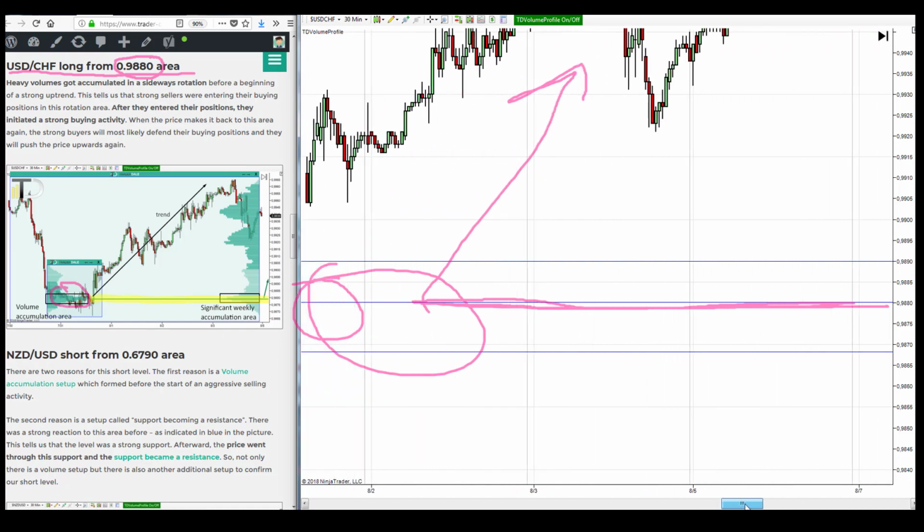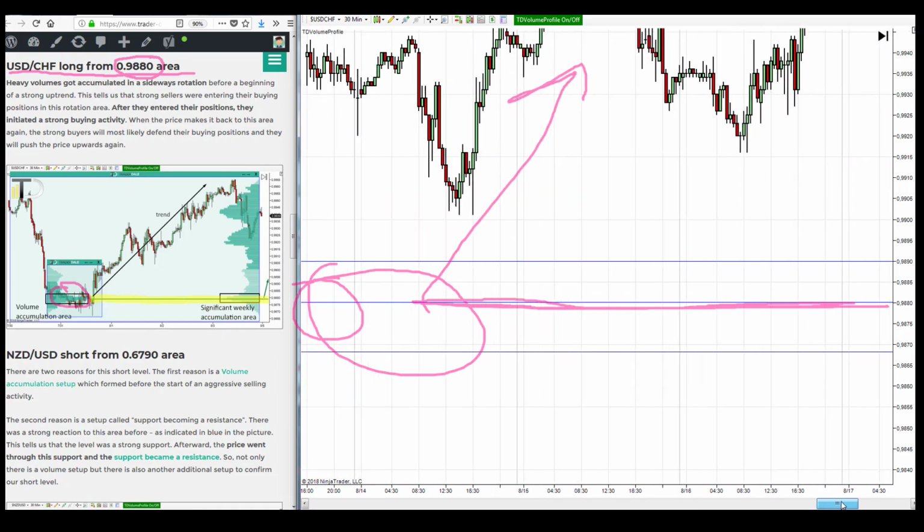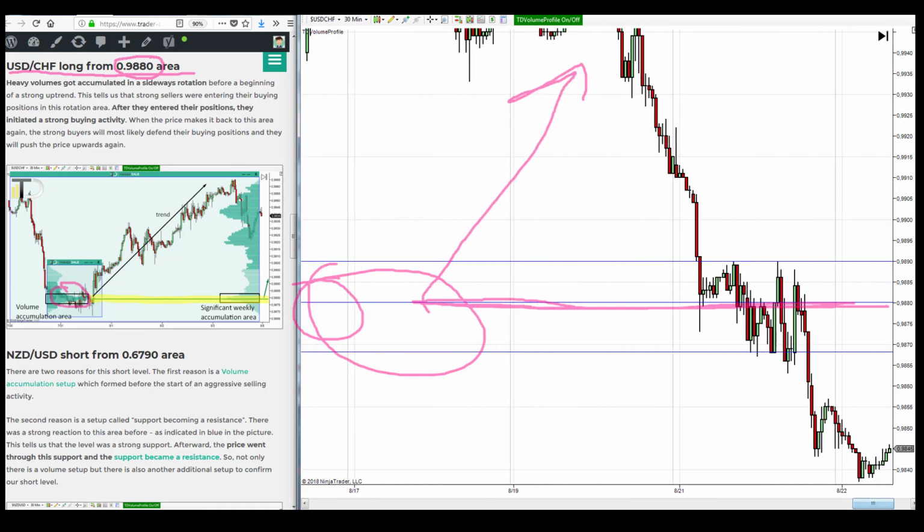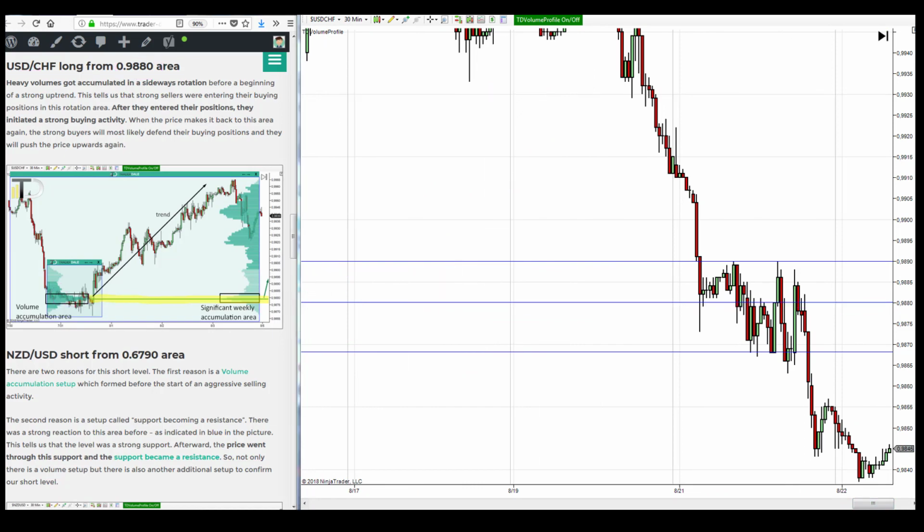I need to scroll forward a little bit. You can see that when the price hit the level, it was pretty old level actually. And this is the entry point for the trade. This is the stop loss and this is the profit target. As you can see, the price hit the profit target and then it immediately turned and hit the stop loss.